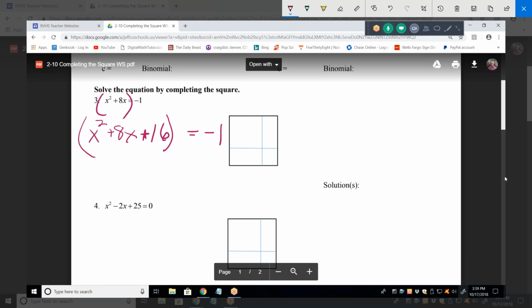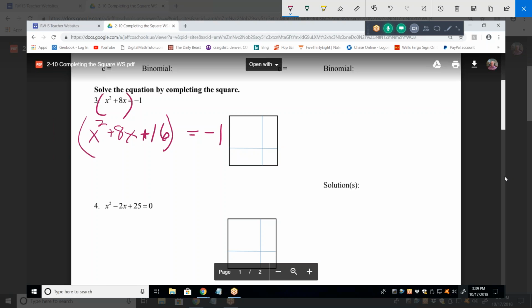What we were doing the last time was converting these to vertex format, and then that number is on the same side of the equation. But about half the time that you're completing the square, it's going to be on the other side. So all you have to do is notice which side it's on.